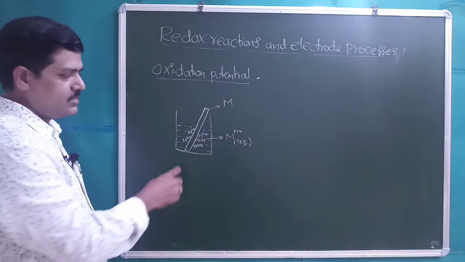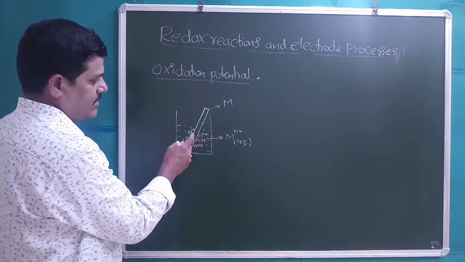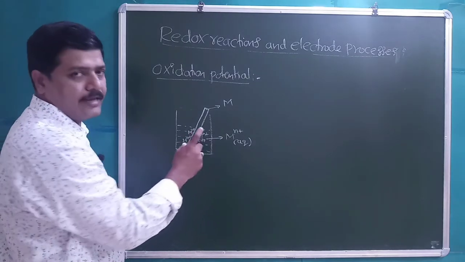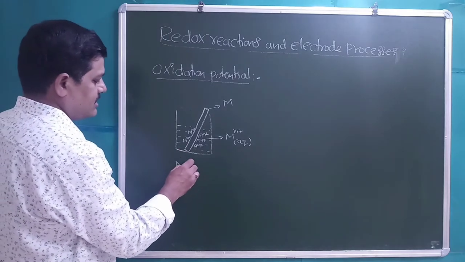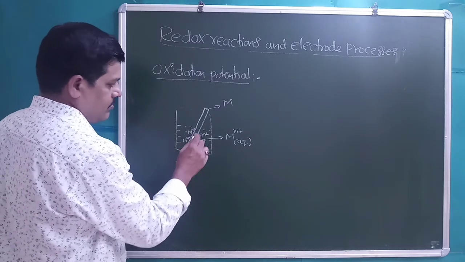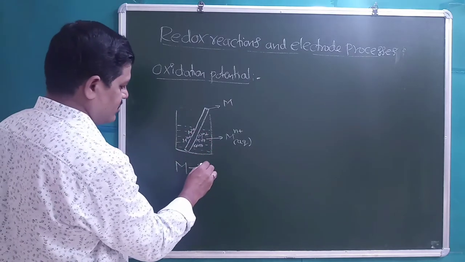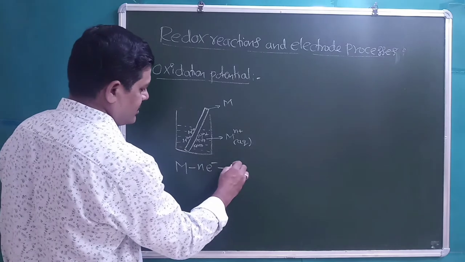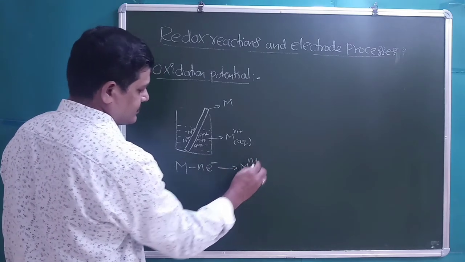Because of this, some potential difference is generated between the metal surface and the electrolytic solution, which leads to the oxidation process. The metal atoms present on the surface lose electrons and convert into Mn+ ions.